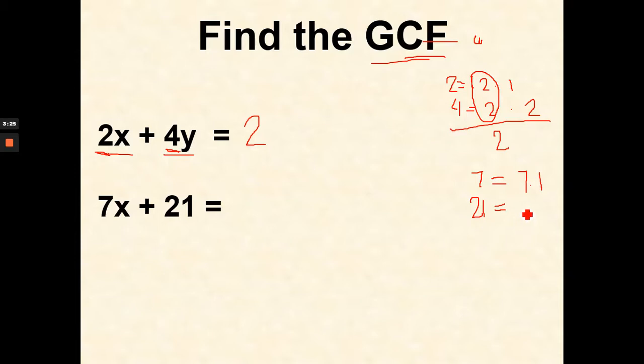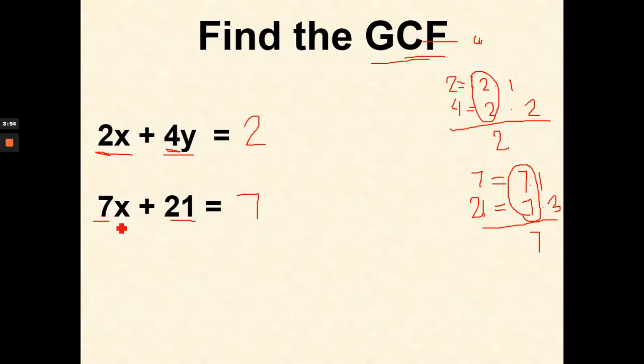How about 21? You have 7 times 3. Do they have a common factor? Yes, and that is 7. Is there any 3 here? No, so 3 is not a common factor of 7 and 21. Therefore, the common factor of 7 and 21 is 7.